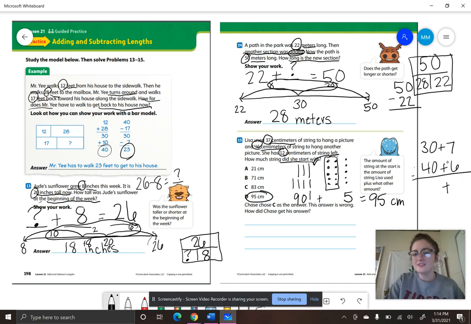So I would have 13 ones, and 30 plus 40 equals 70. And see, I can move this 10 over. So 70 plus 10 plus 3. I busted up 13 into 10s and 1s. 70 plus 10 would be 80. And 80 plus 3 would be 83.